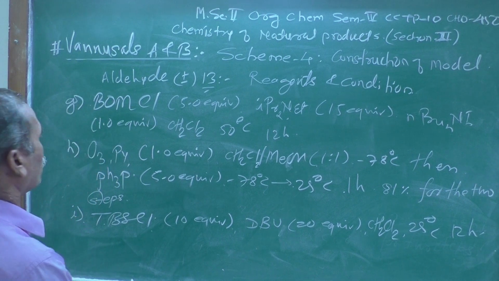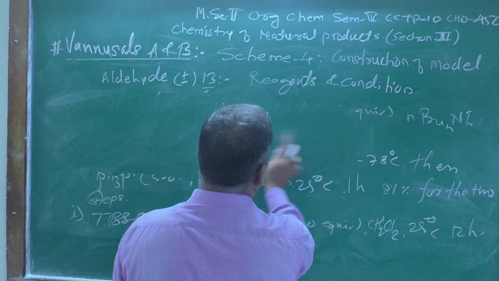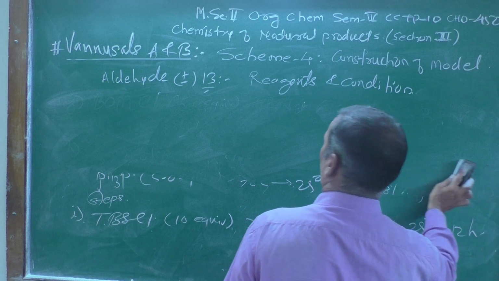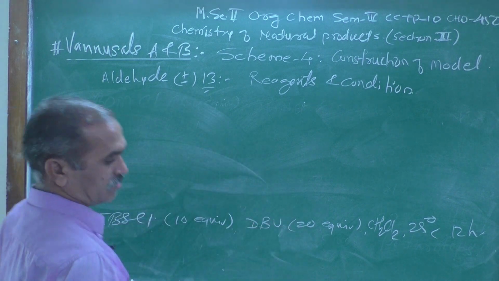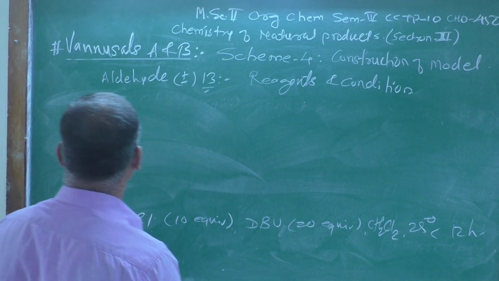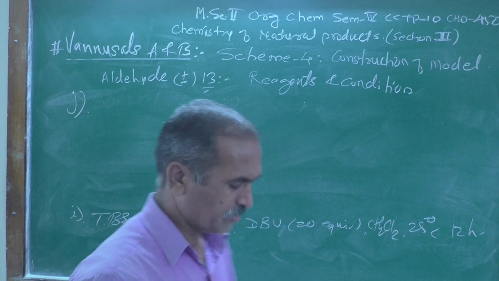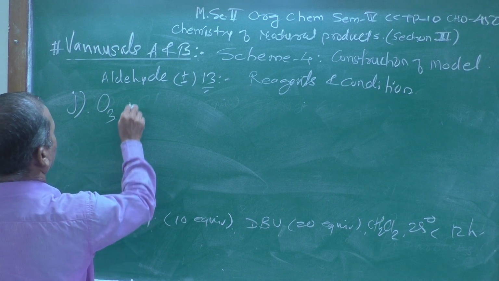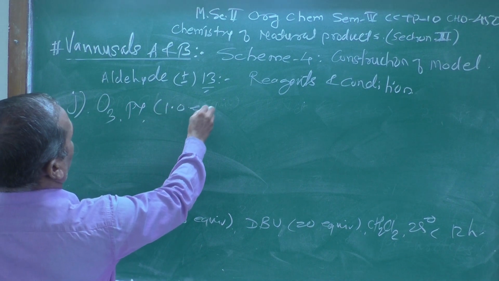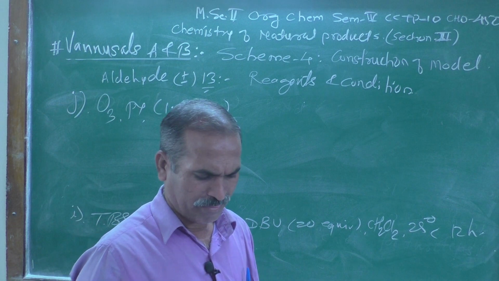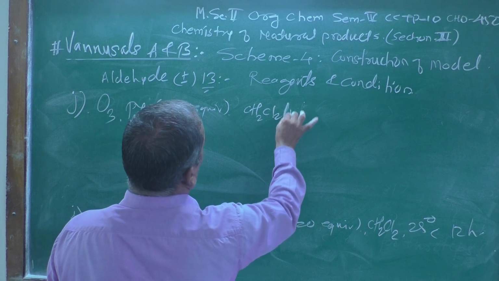the reagent which was used in scheme number 4 during the construction of model aldehyde plus minus 13, the last reagent which they have used, that is J. In the J, O3 ozonolysis, pyridine as a solvent which is taken as 1.0 equivalent once again, and the solvents used were CH2Cl2 and methanol.